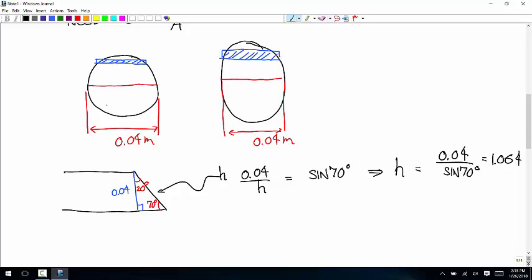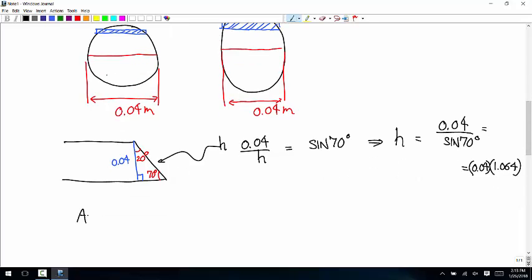So it's 0.04 times 1.064 is the hypotenuse. So anyways, the area is pi times 0.02 squared times 1.064.